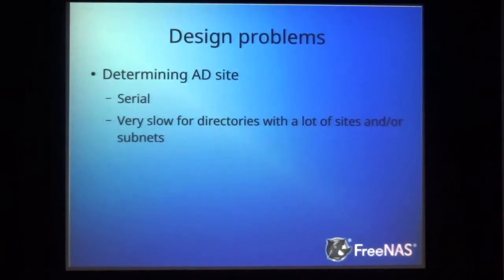The code uses your network interface to determine the subnet and AD, and then from the subnet it has to query to get the site, and it just does a scan. So when you have like 1,000 of these things, it's just slow, and once again, that algorithm could be improved.